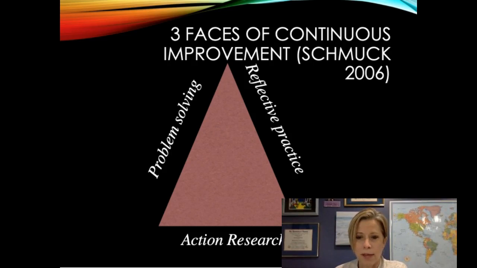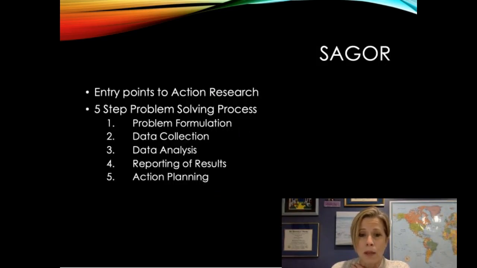If you're on the Kansas side and you're going through KISA, and there were different accreditation models before that, it's always about figuring out what the problem is that we need to solve, working through that problem solving piece, implementing change, and then reviewing the data and engaging in a reflective practice. So there's really 3 phases to that triangle that we continuously cycle through when we're looking at school-wide improvement, and that can translate down to the classroom level as well.